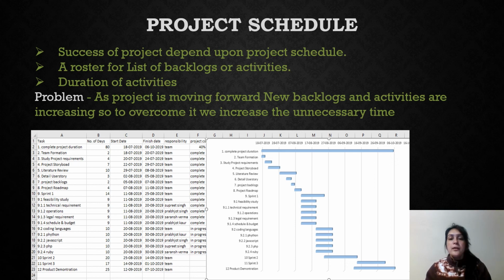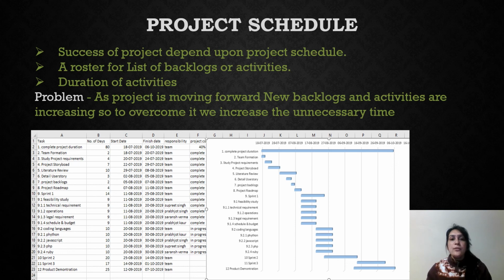Here we have divided the list of activities and backlogs among our team members according to their knowledge. And there will be three sprints in our project. Firstly, we are working on sprint 1. As you can see in the Gantt chart, in sprint 1 we have divided different tasks among our different team members.